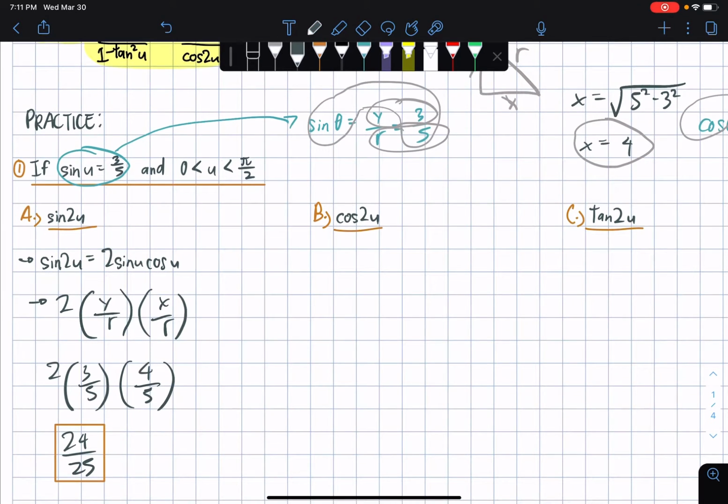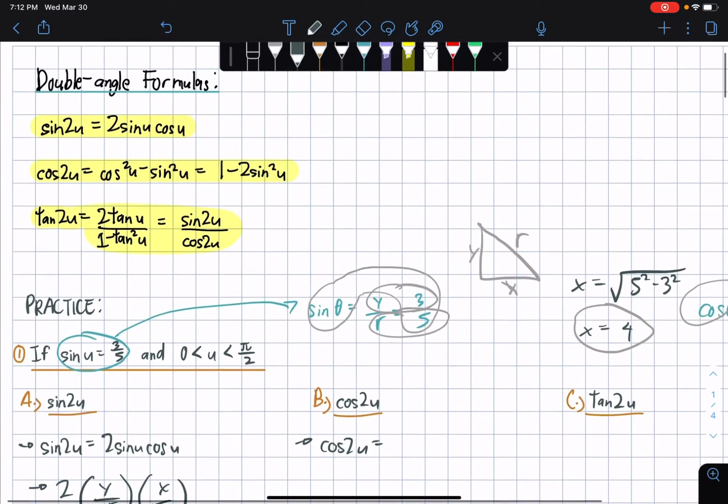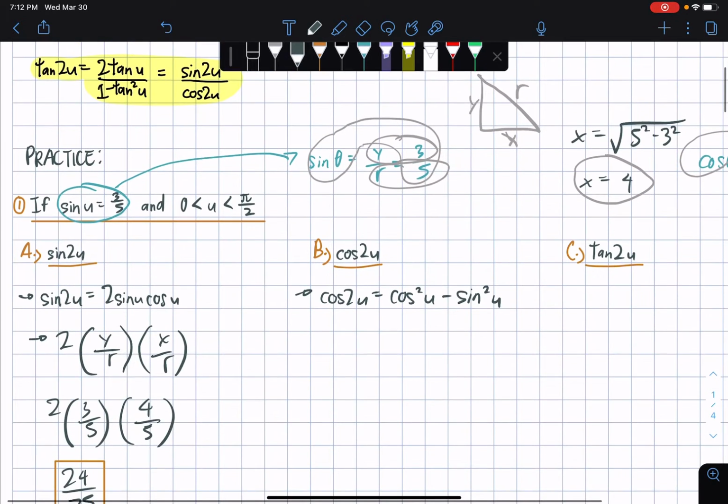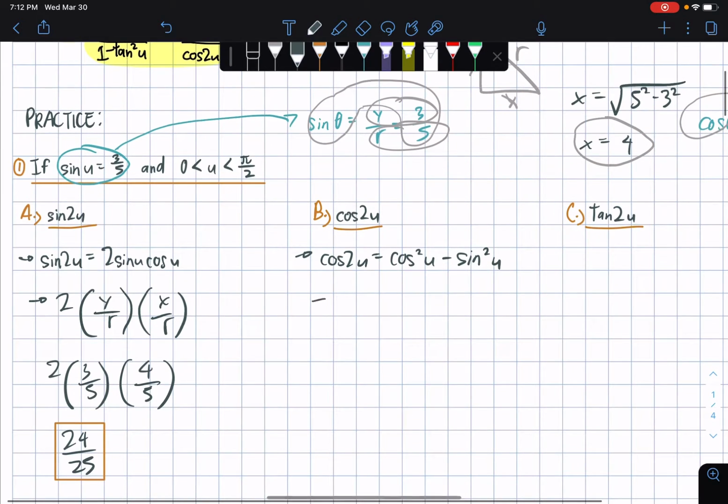Now, let's move on to letter B, cos 2u. Let's rewrite the formula. Cos 2u is equal to cos squared u minus sine squared u. Let's try to exclude the other expressions for now and see if this one works in our process. So, cos u is x over r.